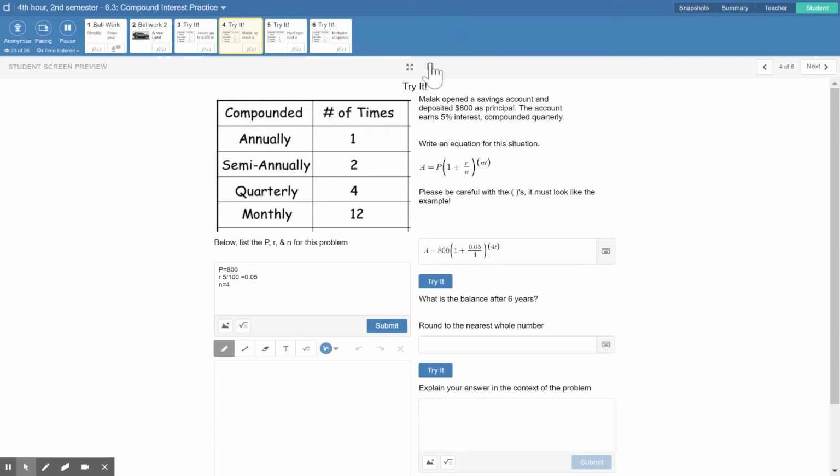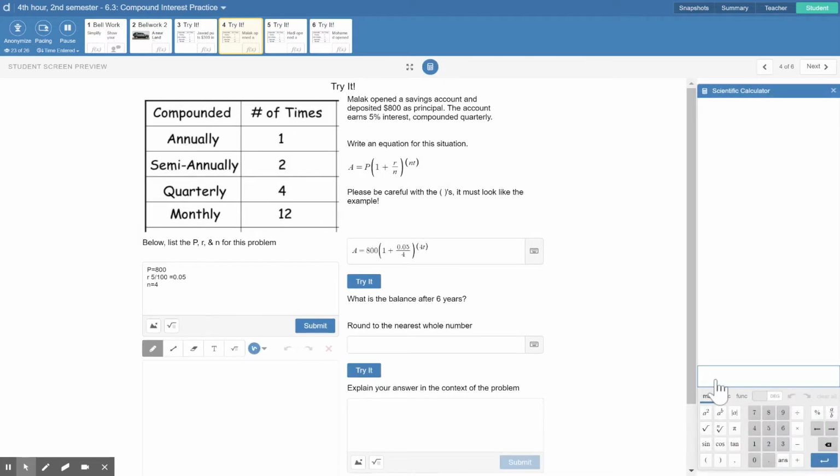So use the calculator. I just copied and pasted. Instead of my t, I got to remember to hit the multiplication and then 4 years. I'm sorry, 6 years. It says after 6 years. And then we just round. That 0.8 makes it $1,078.